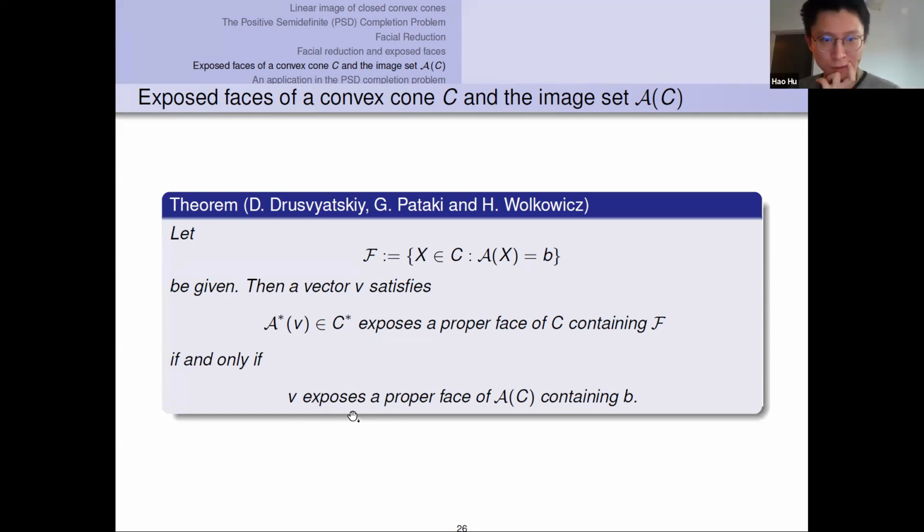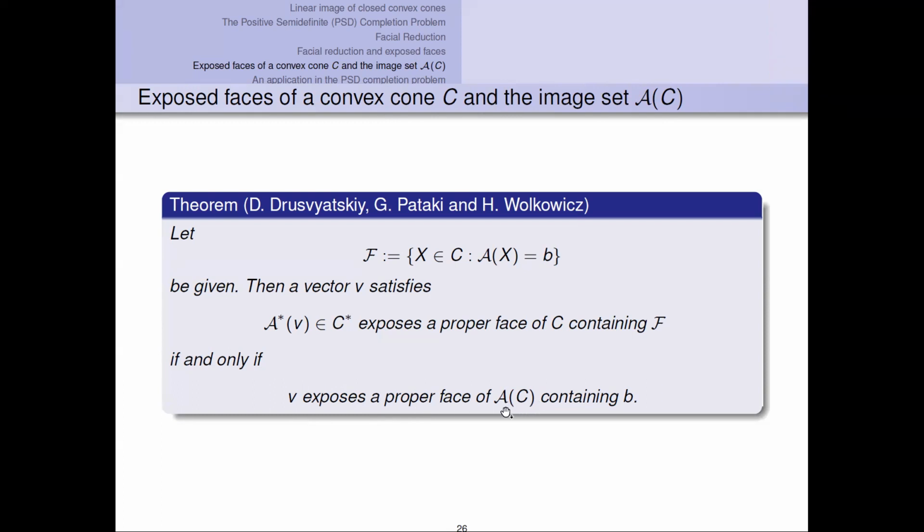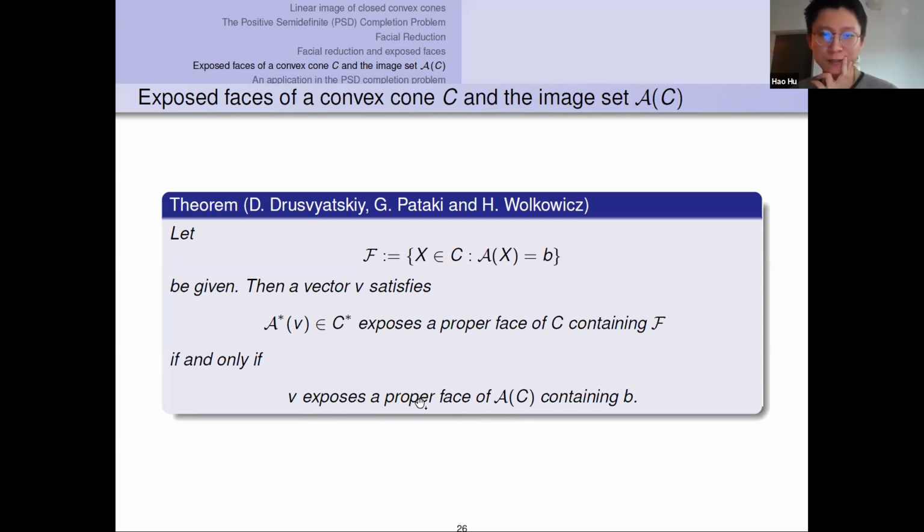So you mean if the linear image is facially exposed, then every face can be exposed. Therefore it must be not facially exposed. Right, you're right. If this is exposed, then there always exists a V so that this holds, which gives you an exposing vector for the minimal face of the original problem.